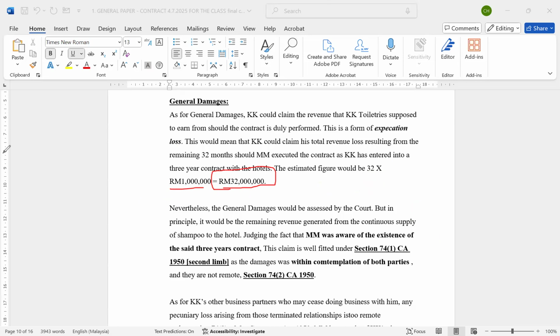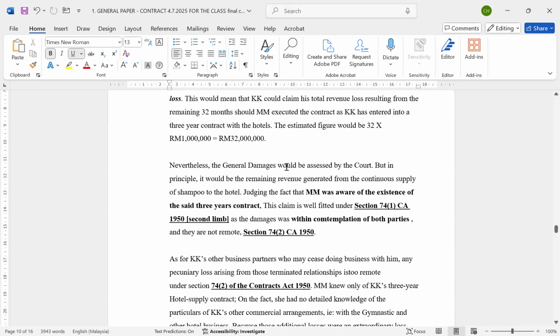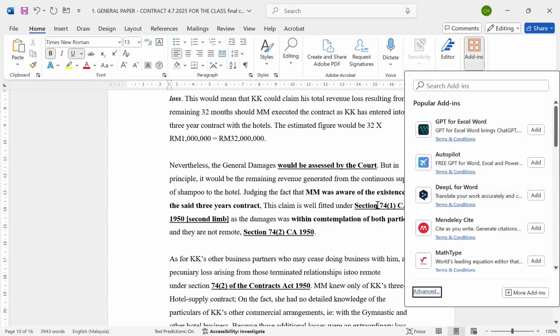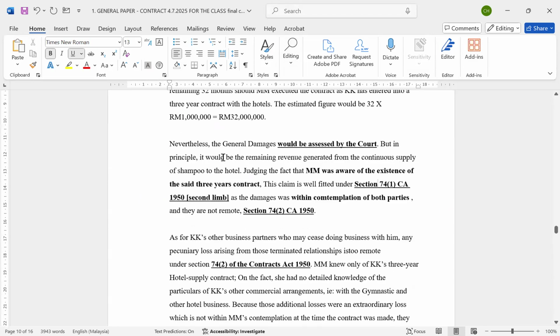But the key point about general damages is this: it will be assessed by the court. The court may not necessarily give you everything that you want. So you must judge the facts, and be sharp.